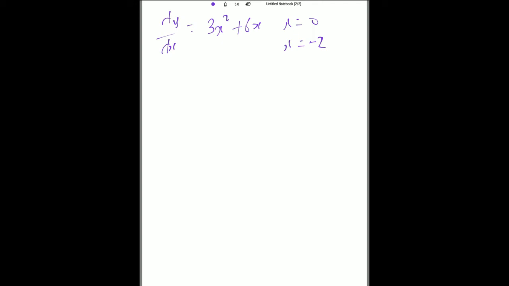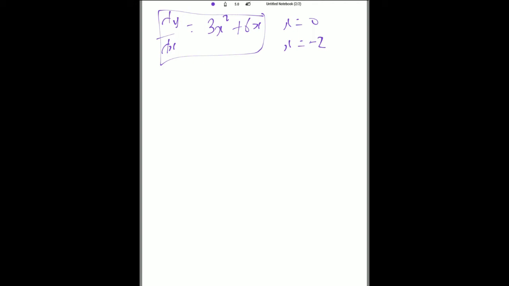Now, what we want to find now, we need to determine where this function is increasing, where, remember, the original function is y equals x cubed plus 3x squared. That's the function that we want to find where it is increasing and where it is decreasing. We know that it is decreasing for values of the first derivative, this expression here, that render it less than 0.